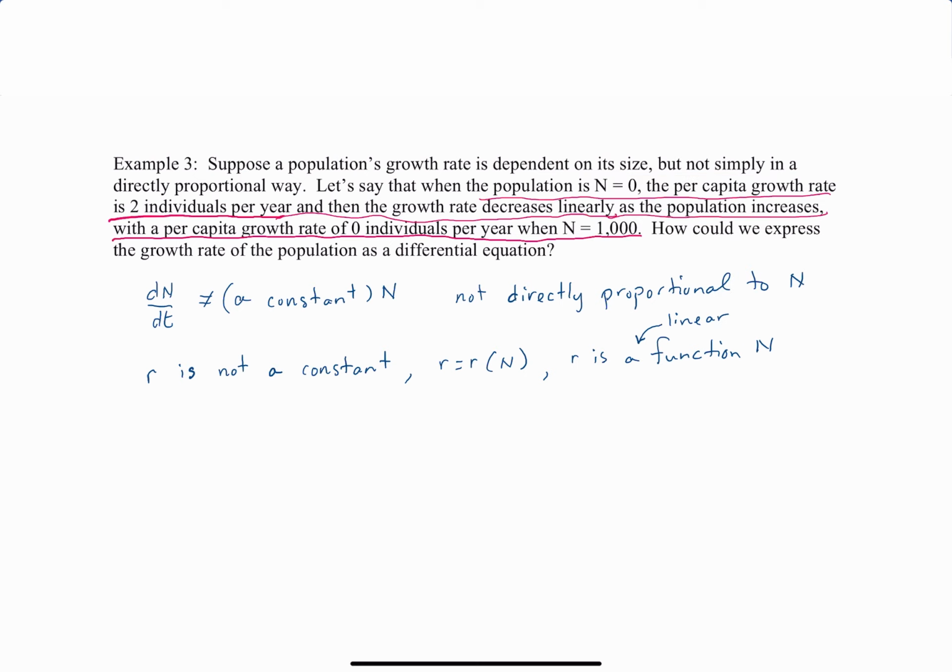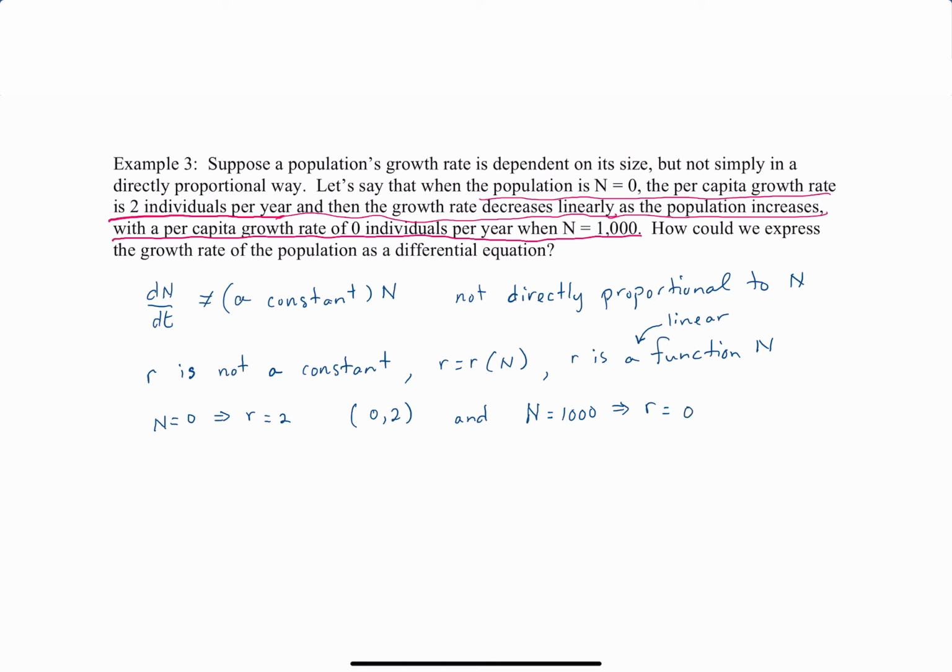and they've given us 2 points. They've told us that when N is 0, little r is 2. In other words, (0, 2) is a point on the line. And they also tell us that when N is 1,000, r is 0.